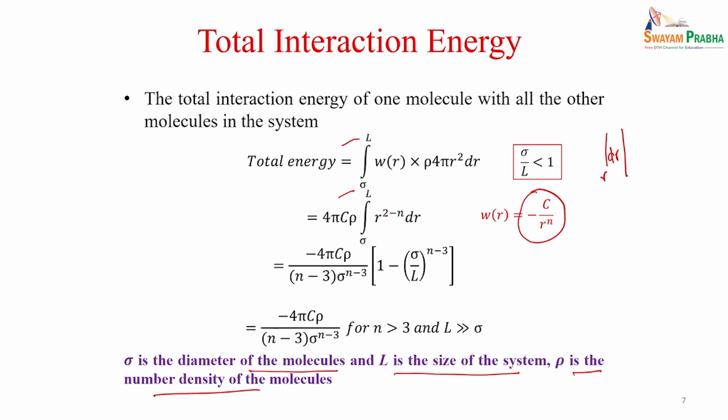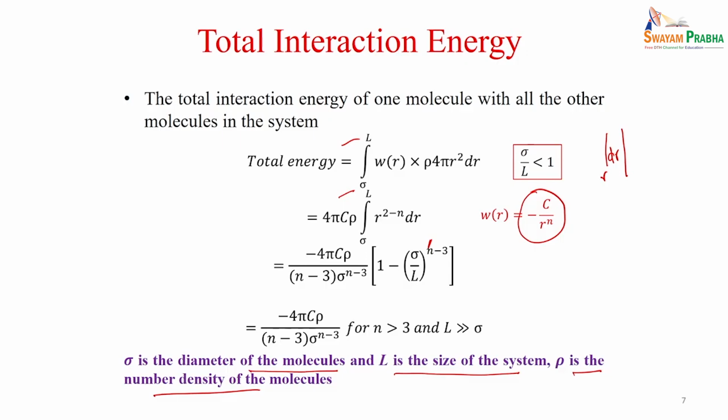If you integrate this very simply, you are going to get minus 4 pi C rho upon n minus 3, sigma to the power n minus 3, into 1 minus sigma upon L to the power n minus 3. So, again the total interaction energy depends on the value of n.